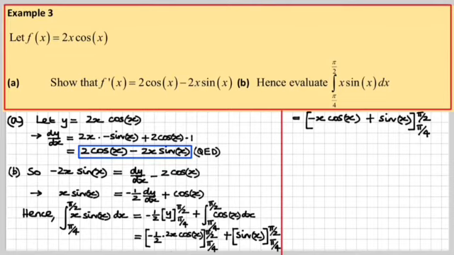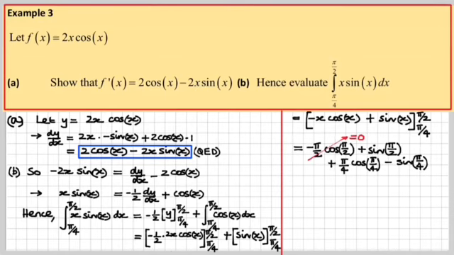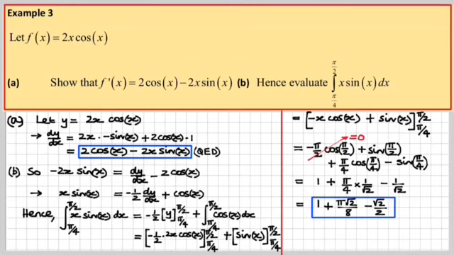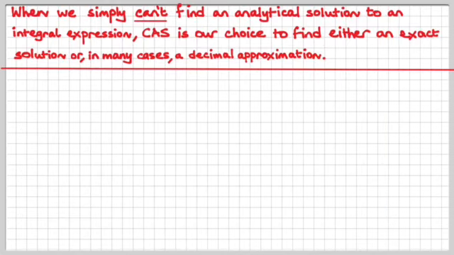So it's going to be minus pi on 2 cos pi on 2 plus sine pi on 2, the first term of which is going to be 0. Of course it is. And then it's going to be plus pi on 4 cos pi on 4 minus sine pi on 4. That's right, isn't it? Yes. So once you do all that, it's easy. There's our answer. We're just cleaning it up a bit. And there it is. It's easy. Don't get confused, guys.